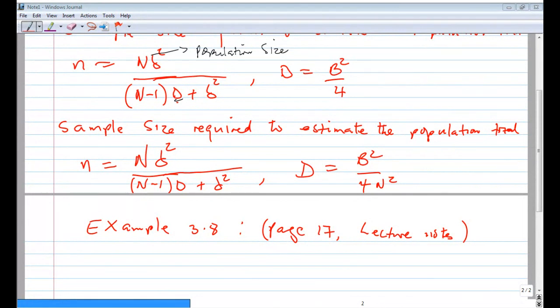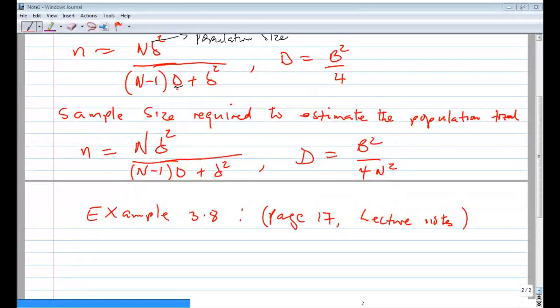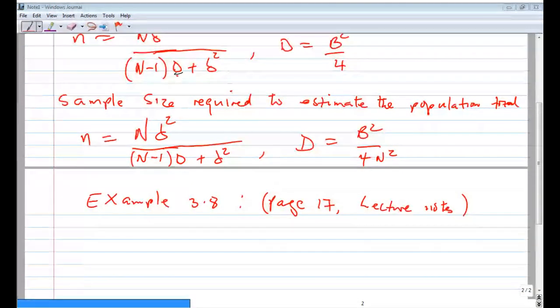So now I wanted you just to analyze and see what is given and what is not given. They are saying that there is no prior data available to estimate the population variance. However, they gave you a range.